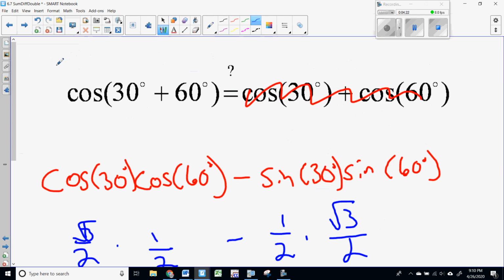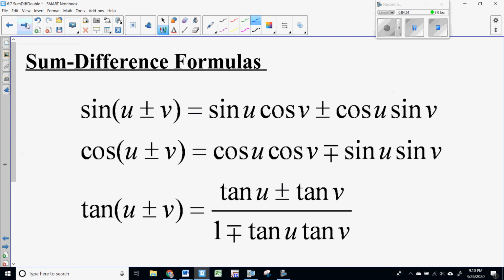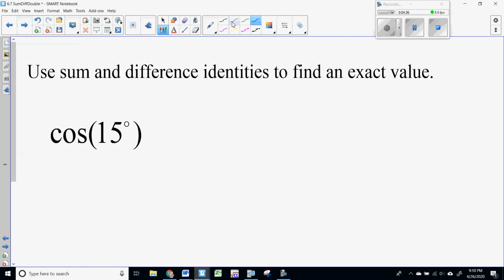So we just want to get comfortable using these identities. Let's look at another example. Cosine of 15. Now what you want to do is think of two angles that give us 15 that we know from our unit circle. And there's lots of them. I'm going to mainly stick with angles less than 90. So I could say 60 minus 45 or 45 minus 30.